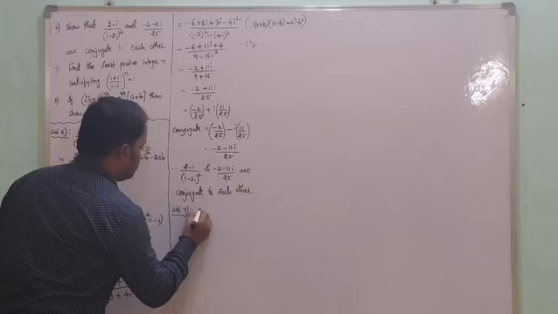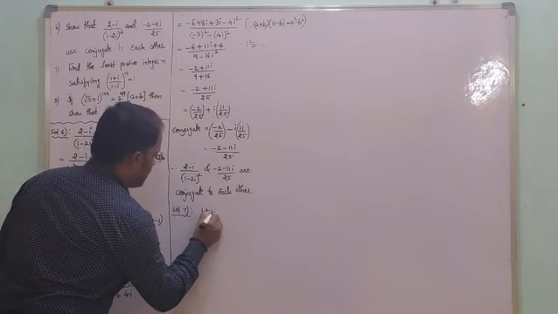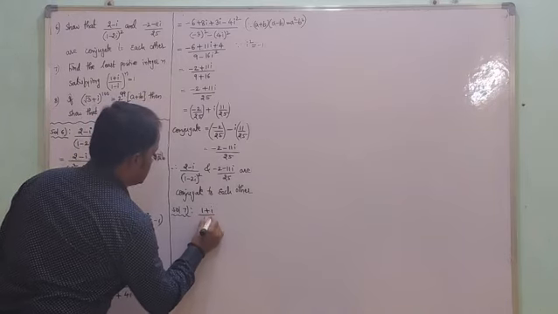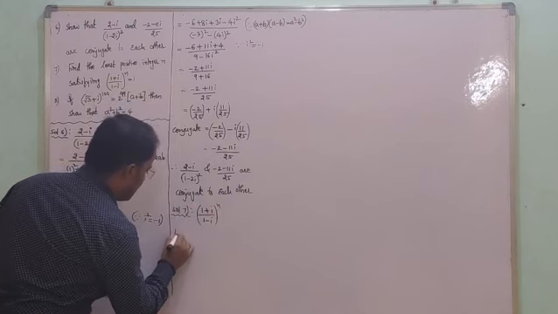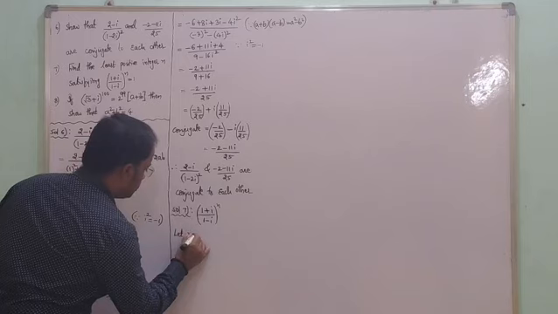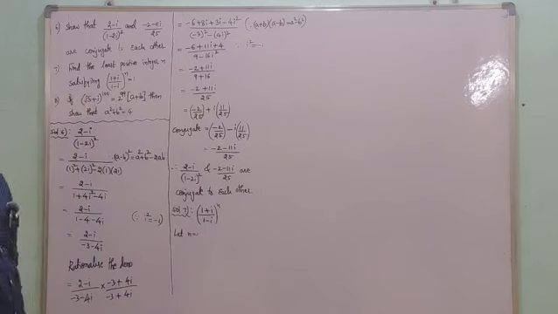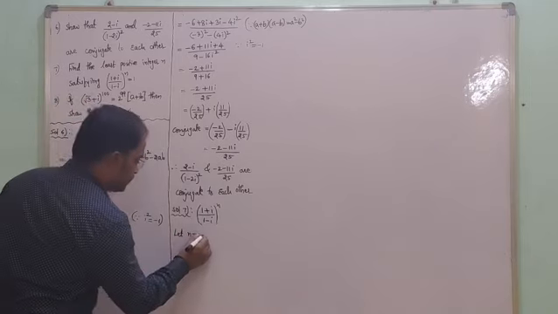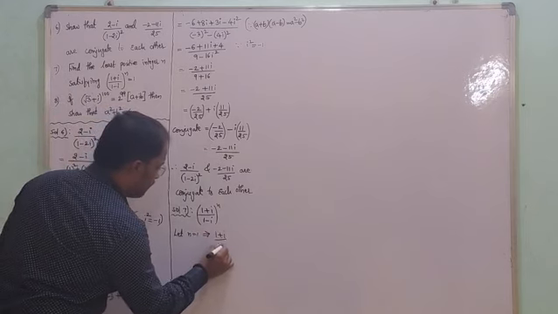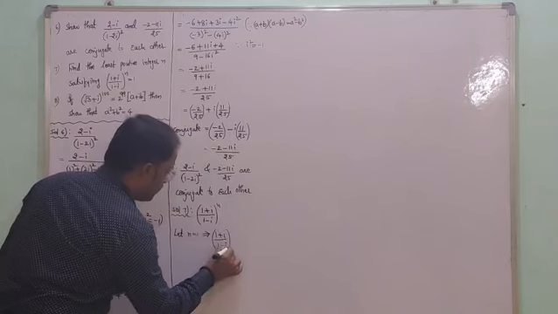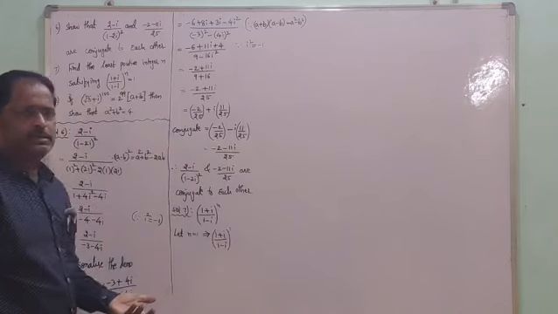First of all, ((1 plus i) by (1 minus i)) to the power n. Let n equal 1. Substituting, ((1 plus i) by (1 minus i)) to the power 1, and power 1 means nothing.